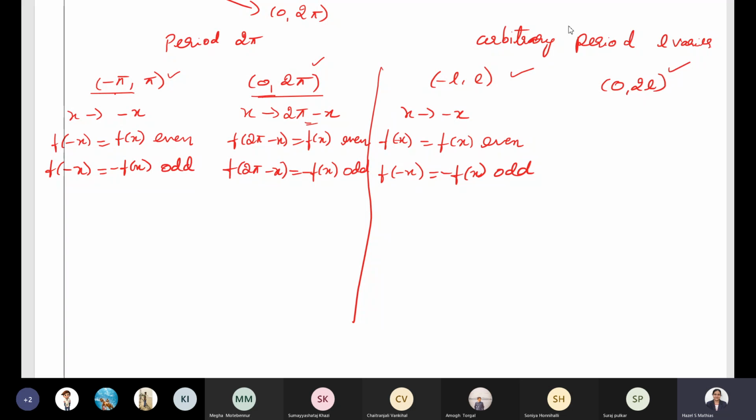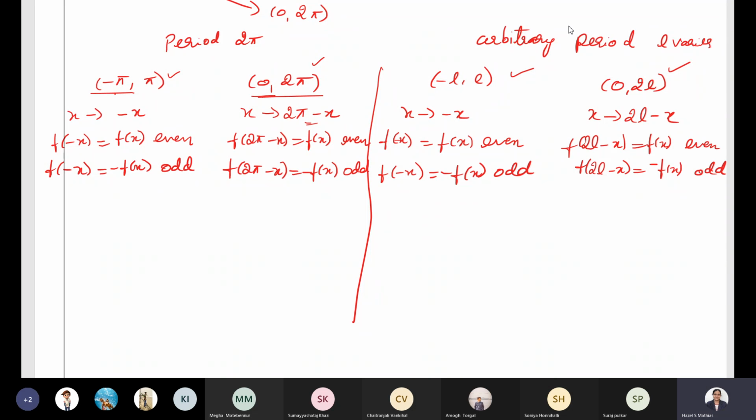Instead of 2 pi minus x, replace x by 2L minus x. If f of 2L minus x is f of x, the function is even. If f of 2L minus x is minus f of x, the function is odd. I hope you are able to understand the difference now.